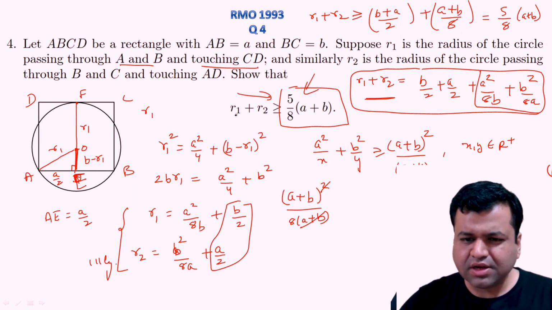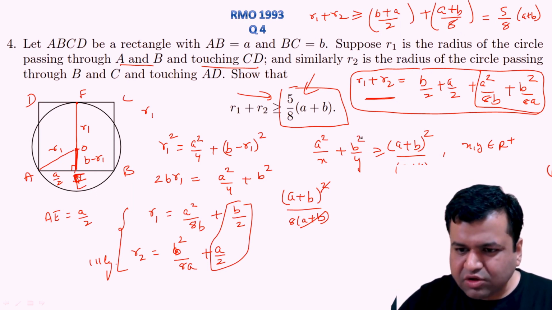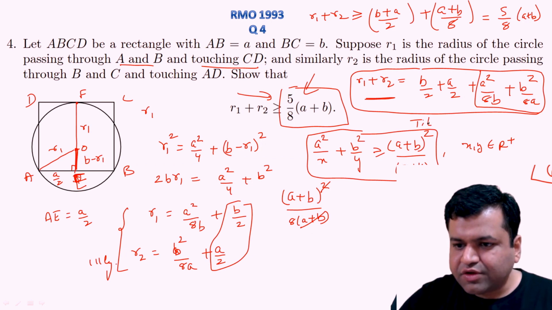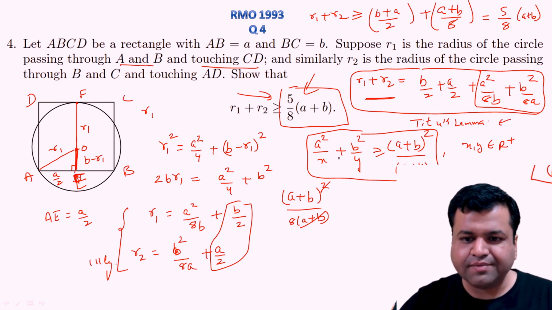So that was a simple question, and this is a very common inequality. You need to learn this thing. This is also known as T2's lemma, because it was given by T2 Andrescu, and this is a simple application of Cauchy-Schwarz inequality. So we have used two things.